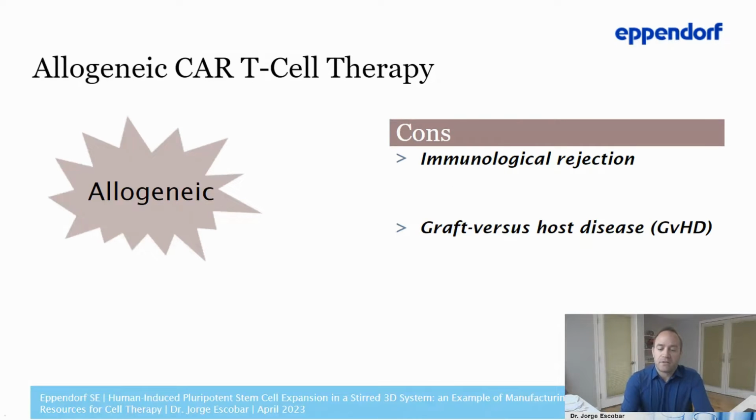The immunological rejection is one of the principal disadvantages of this therapy. I want to explain a little bit more here. The host immune system attacks the implanted cells, causing side reactions in the patient, from mild to severe side effects.